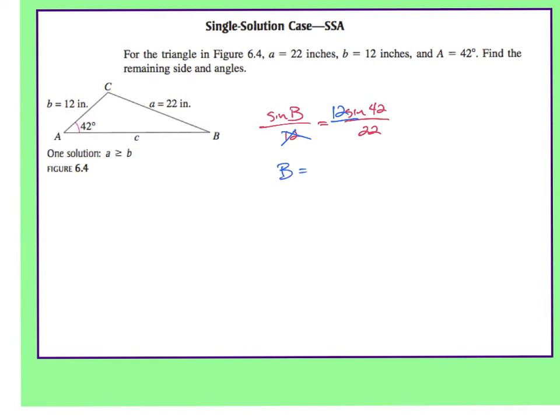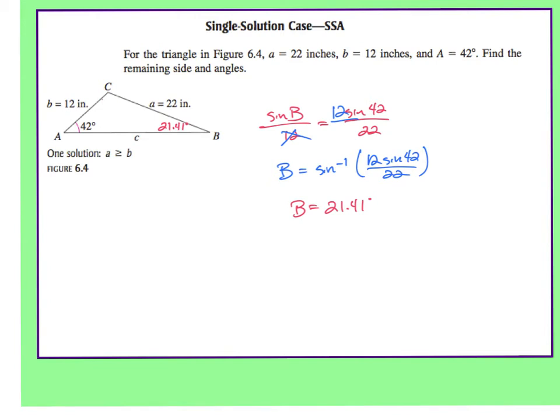So angle B is actually equal to the arc sine of 12 sine of 42 over 22. And you can put all of that straight into your calculator. So angle B is equal to 21.41 degrees.